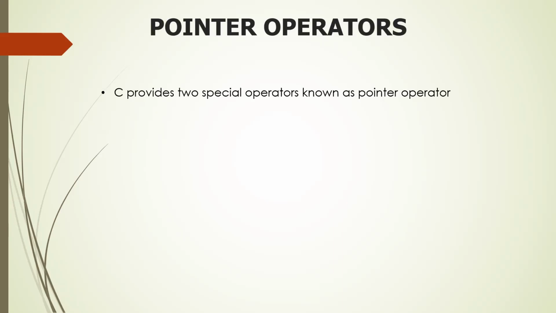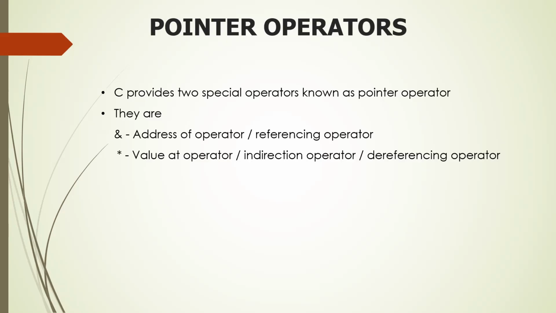Now, pointer operators. If you want to use pointers, there are two special operators we have to use. For getting the address of some value and storing it in a pointer, we need the ampersand symbol. So ampersand means address of operator. It is also called the referencing operator.